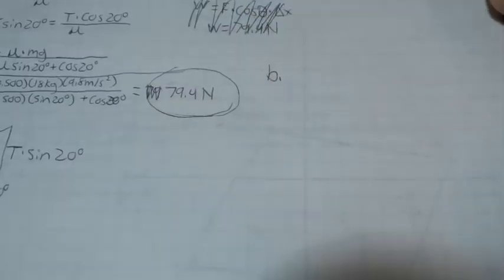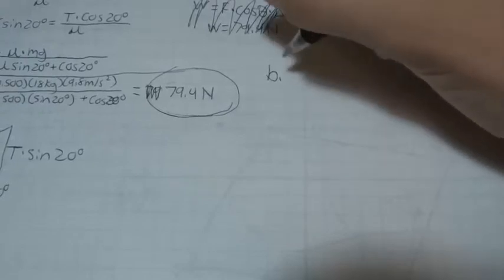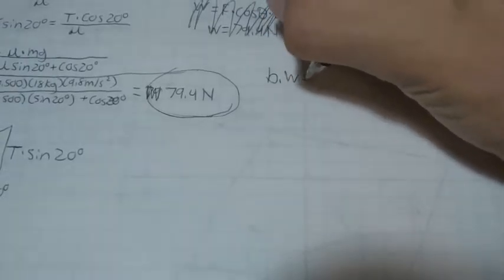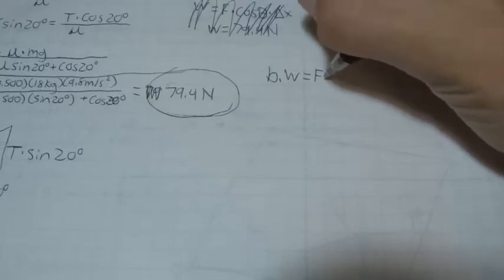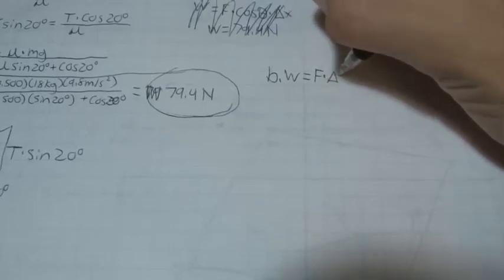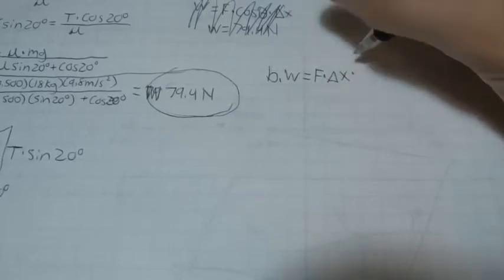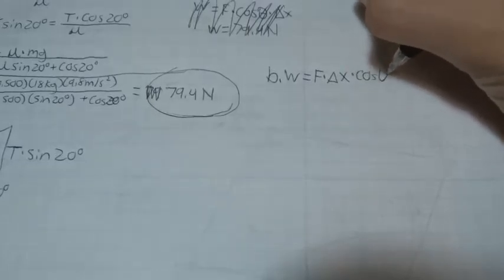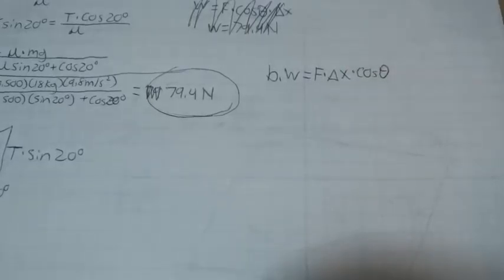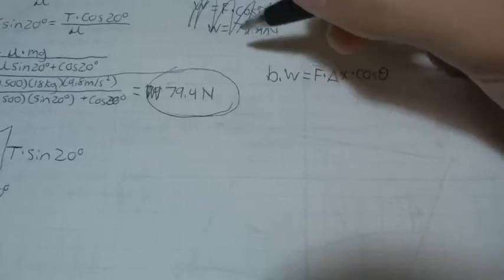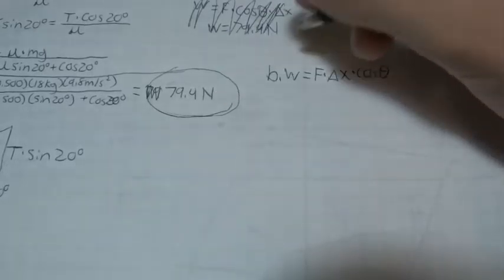And now we are going to solve part B of problem number 7. Part B reads, how much work is done by the rope on the sledge? So for this we need our work equation. Work equals force times delta x times the cosine of theta. Well, we found that force in the last answer.